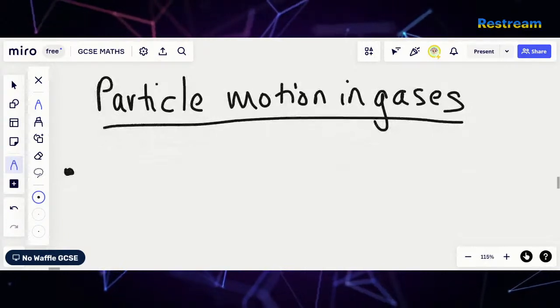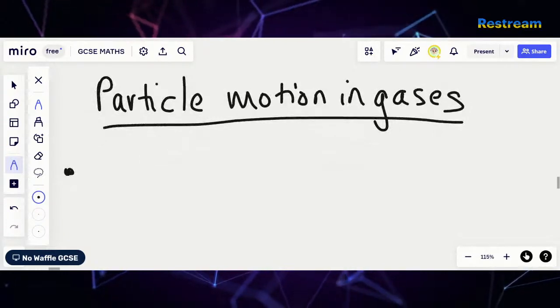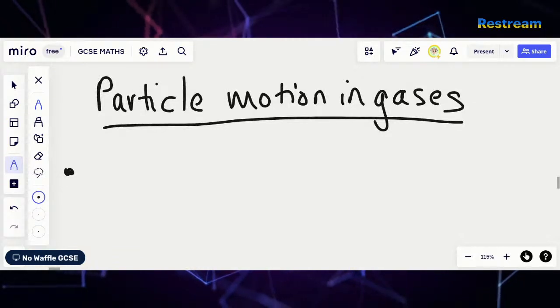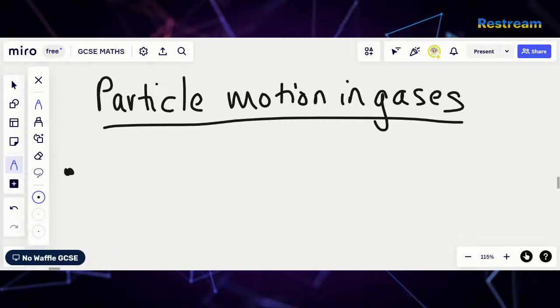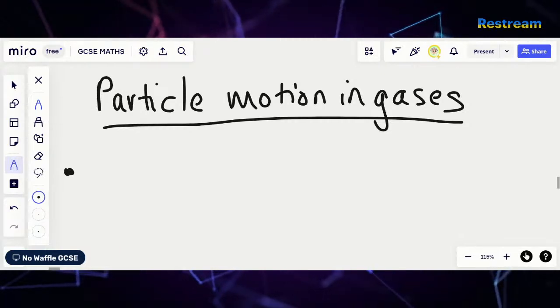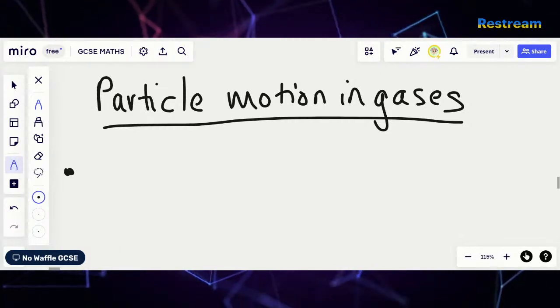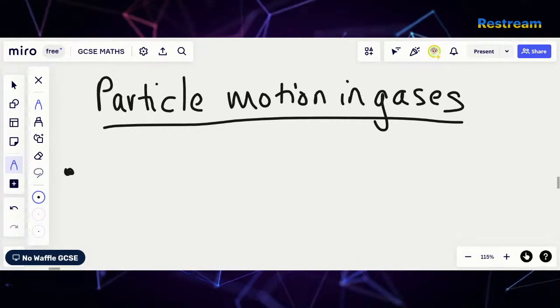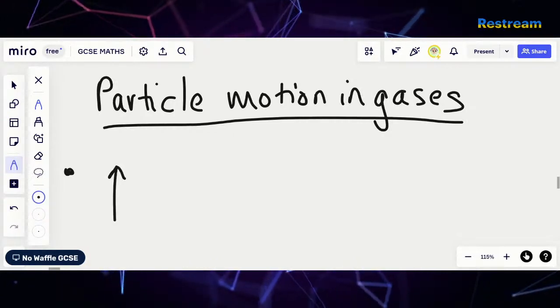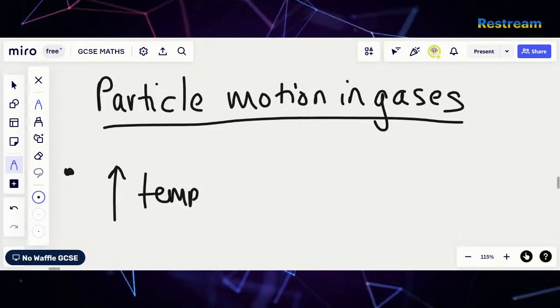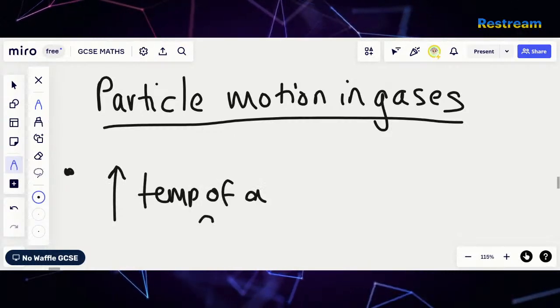In liquids, particles can move and flow, but in gases, it's a whole other thing. Because there are such weak and barely any forces of attraction, these particles are constantly moving in random directions and at random speeds.